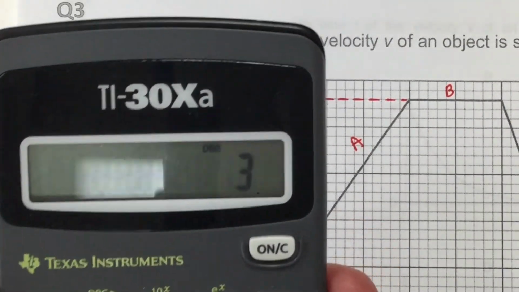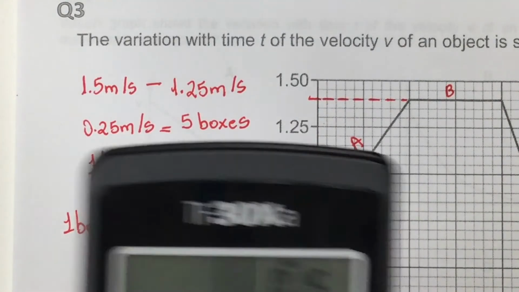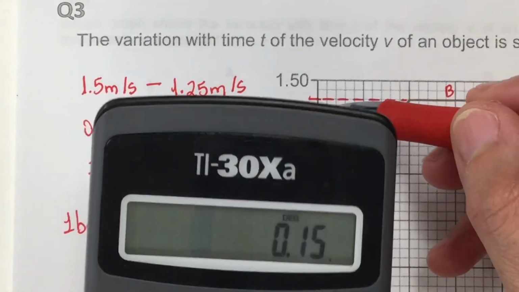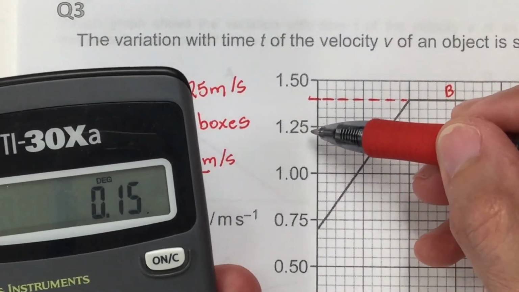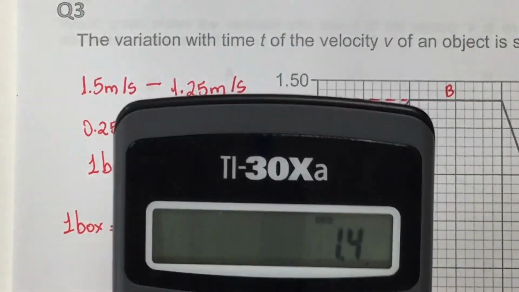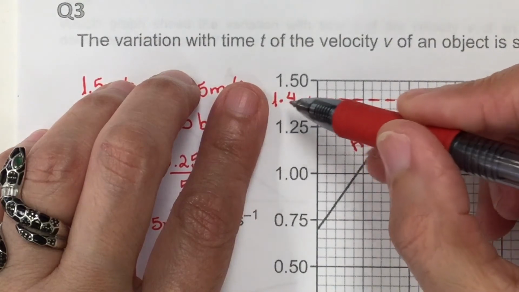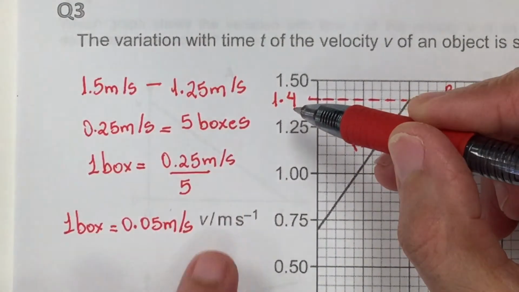So 3 times 0.05 is 0.15. So all that I need to do is add 0.15 to 1.25, which is 1.4. So this intersection corresponds to 1.4 meters per second.